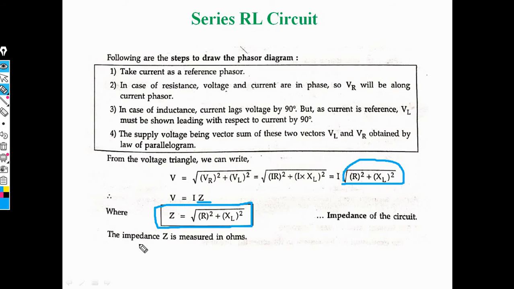The unit of impedance Z is ohm, so V is equal to IZ. This is the important formula in series RL circuit: V is equal to I into Z, where Z means the impedance of the circuit, Z is equal to the square root of R square plus XL square.